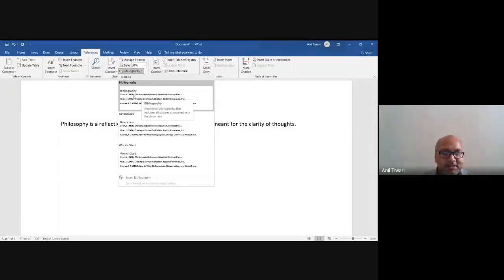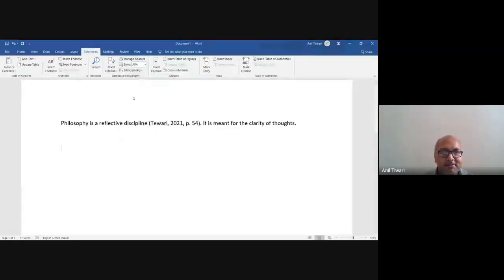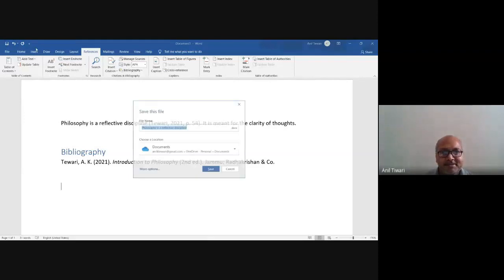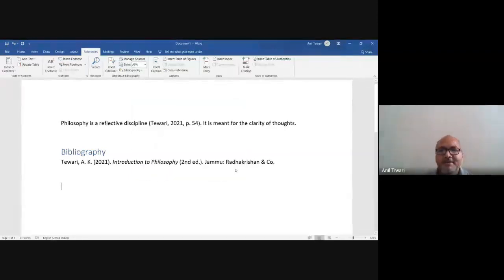So suppose I want to write a bibliography in the end of my document, so I will click here bibliography. So the moment you click, it will automatically take up the whole thing. You don't need to do anything, right? So this way you can minimize your labor, use technology so that you are not troubled. You don't need to do it manually, and since the facility is available in the Word document, it is helpful.